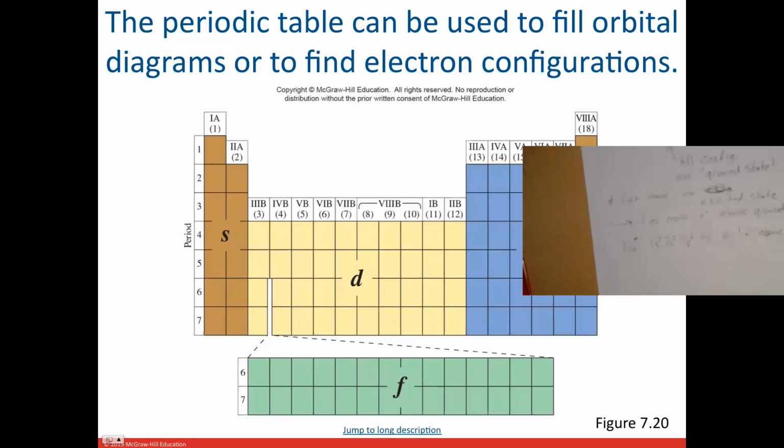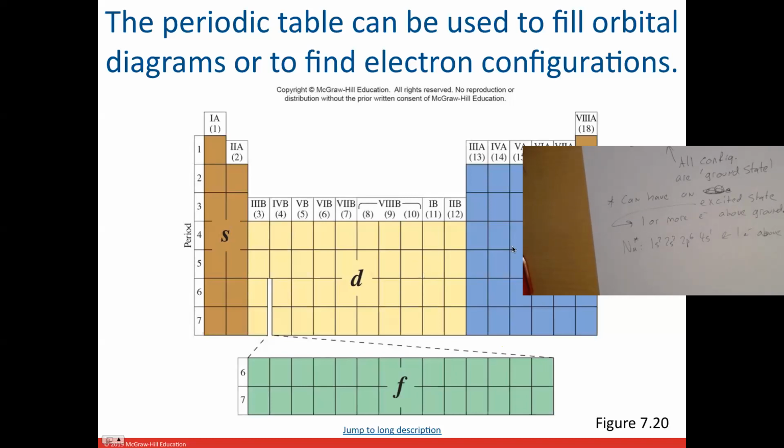How many orbitals are in the d block? 5. So how many electrons can I have? 10. So it's no mistake that this d block down here is 10 wide. And then the f block, there's 7 orbitals, so the f block is actually 14 wide. I can have 2 electrons in each of the 7 orbitals.